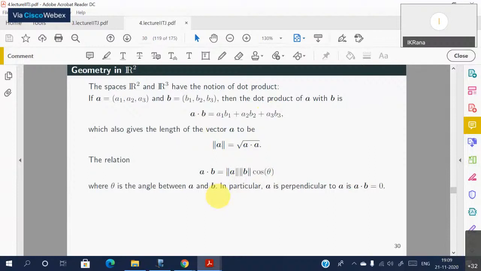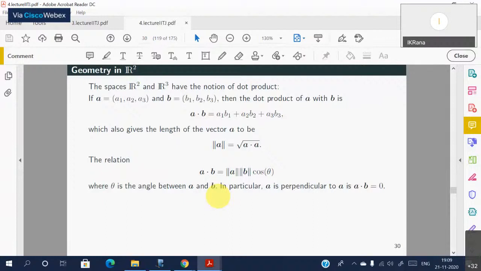Right? So now the geometry of R2 or R3 becomes more subtle, because there is a notion of distance. Collinearity and division ratios were only up to distances, and now there is an angle. And how does the angle help?